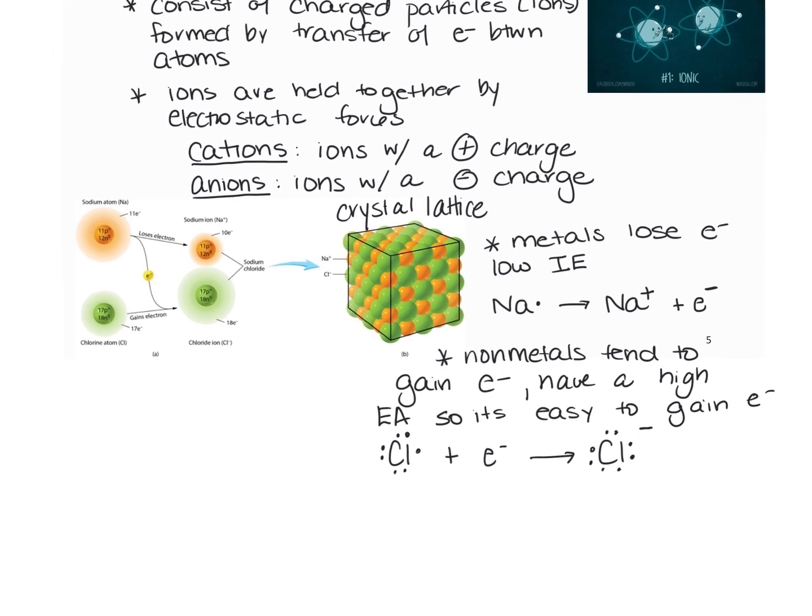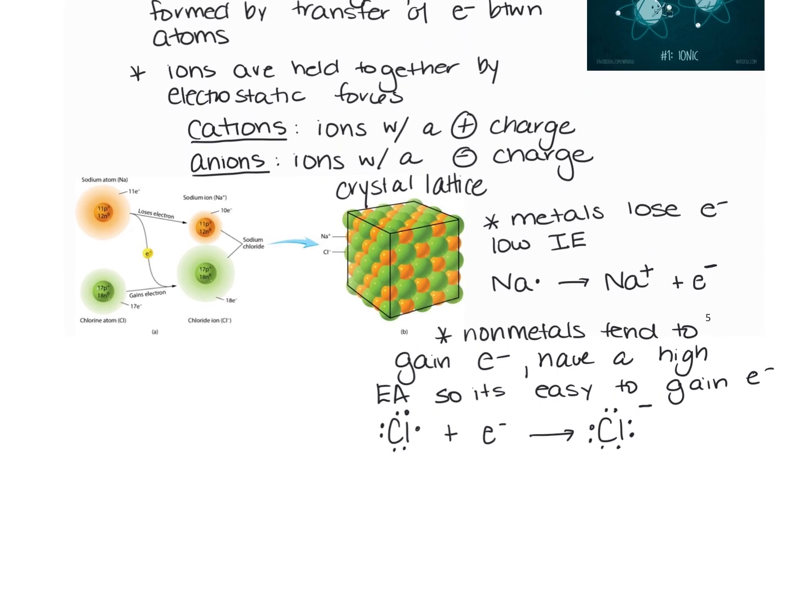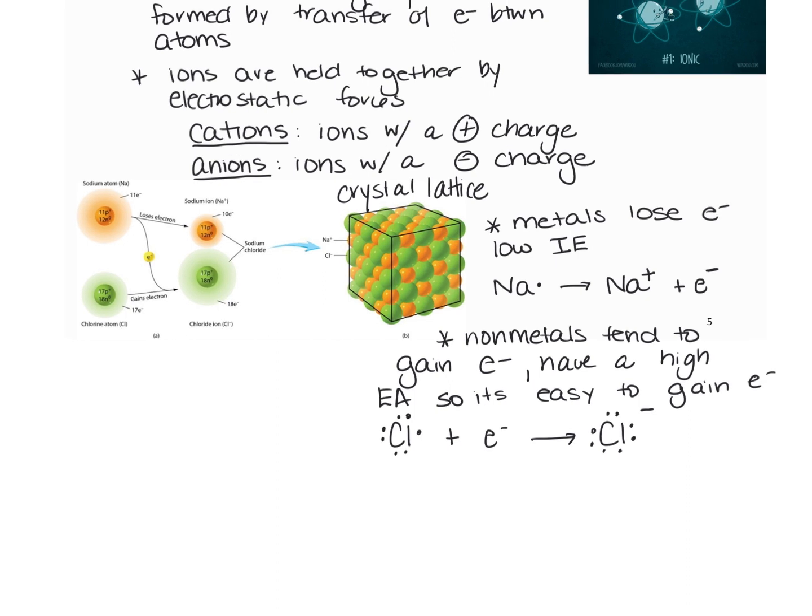One of the things that you'll hear quite a lot is these form a crystal lattice. The simplest whole number ratio of cations to anions that yields a neutral compound is a lot of times called a formula unit.